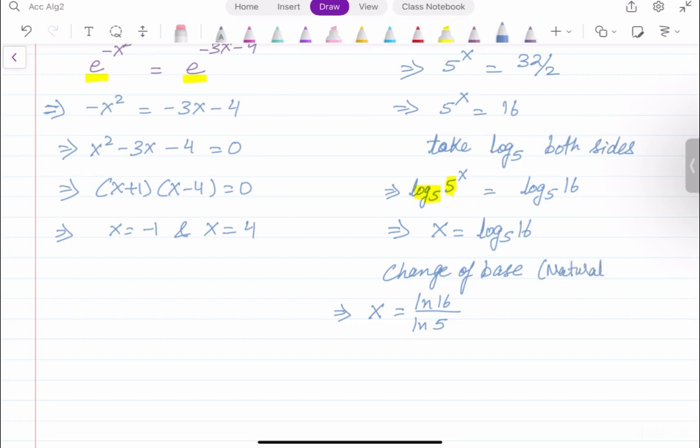So in this case, we did change of base for natural logs. After this, just put ln of 16 divided by ln of 5 in the calculator and you will get the final answer.